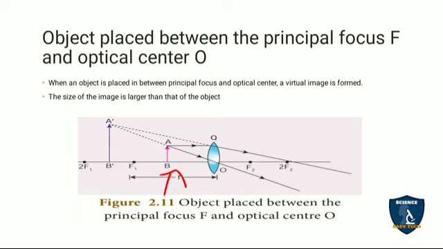Next, object placed between the principal focus F and the optical center O. When an object is placed in between the principal focus and the optical center, a virtual image is formed. The size of the image is larger than that of the object.